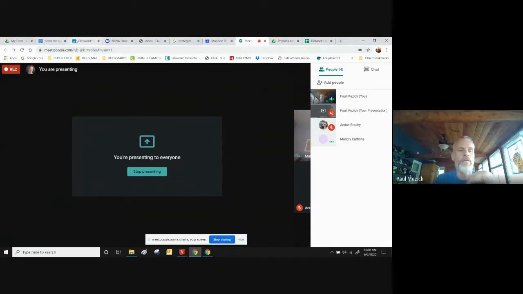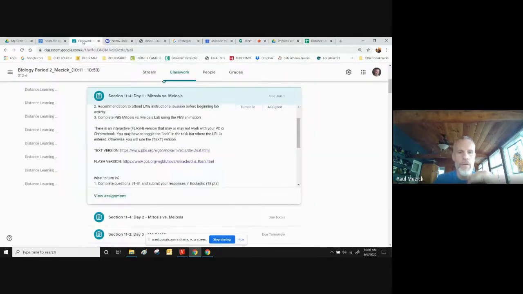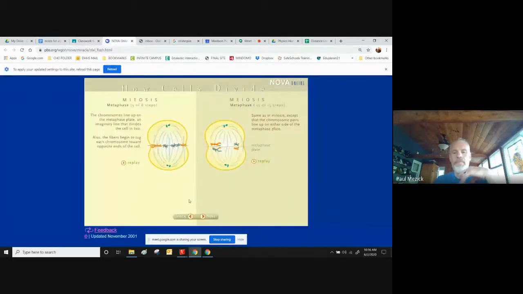Go back to that. If you see anything on any type of unit check-in, you want to make sure that you really grasp the difference behind what happens in mitosis and meiosis. And meiosis happens twice. It's a two-step process.